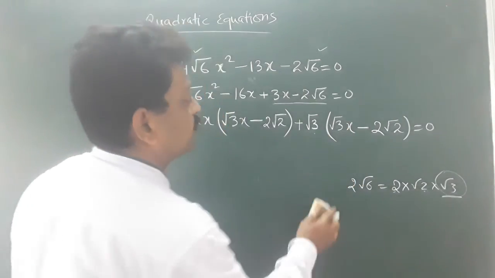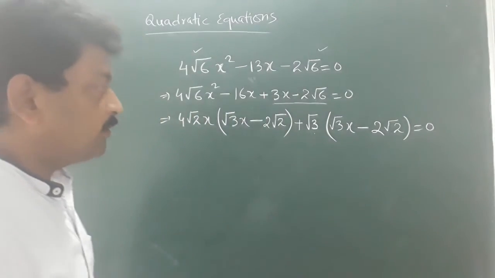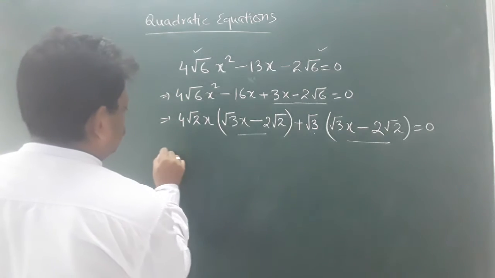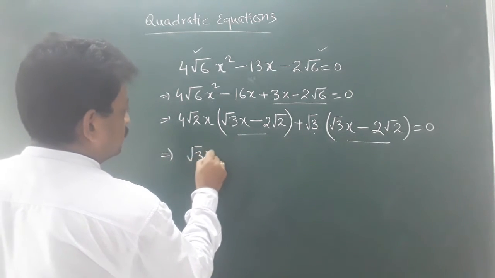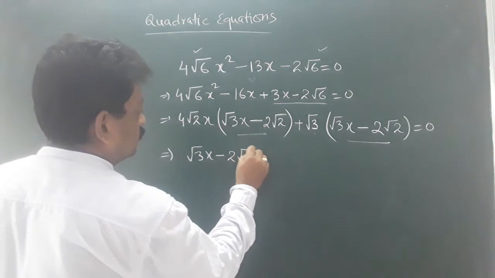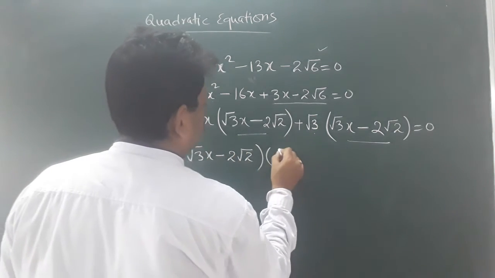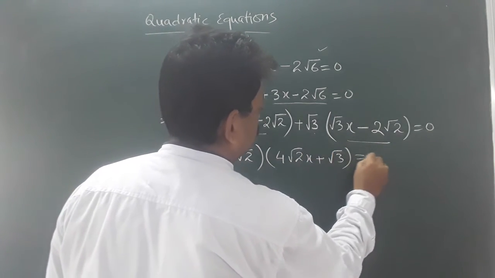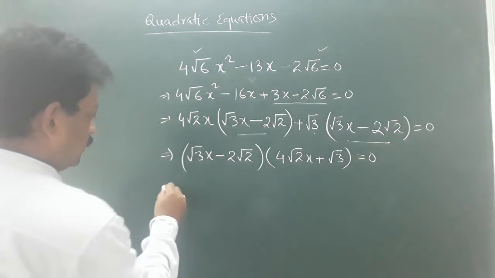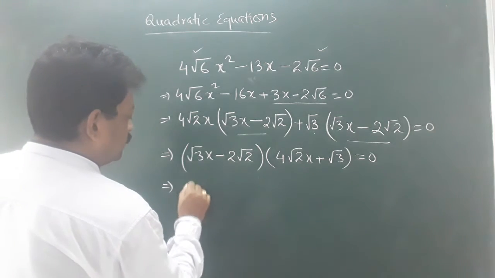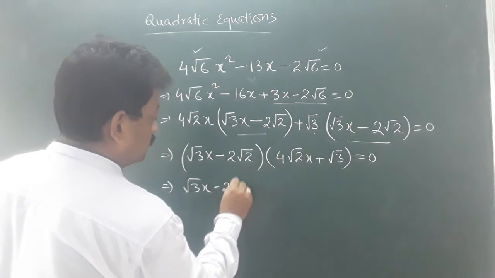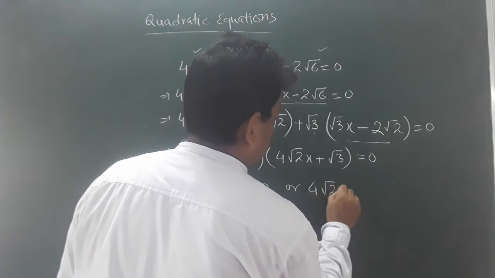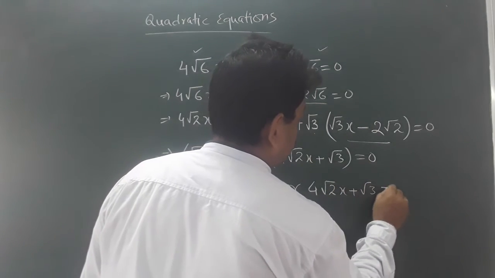Okay, next we have to proceed. So what is the next step? We have to take common these two factors. So here root 3x minus 2 root 2 and 4 root 2 x plus root 3 equals 0. Either root 3x minus 2 root 2 equals 0, or 4 root 2 x plus root 3 equals 0.